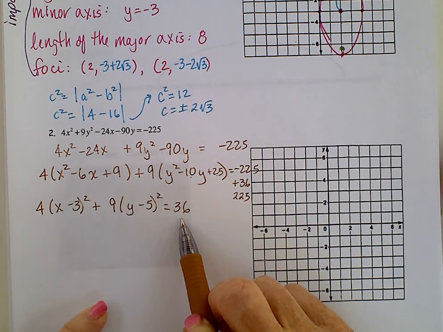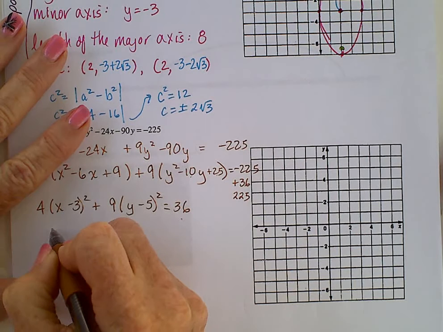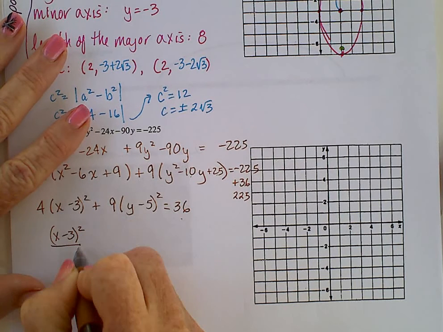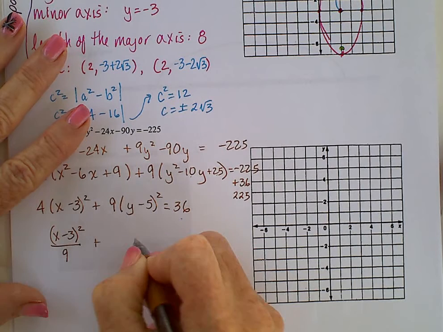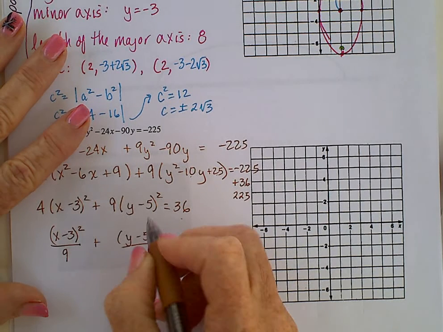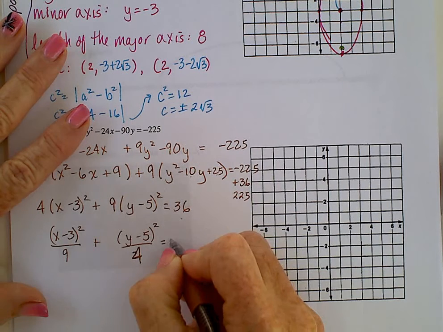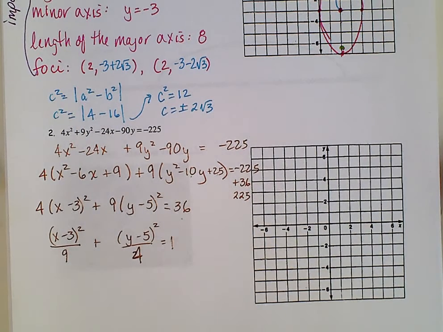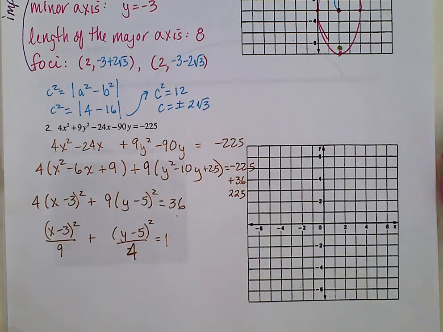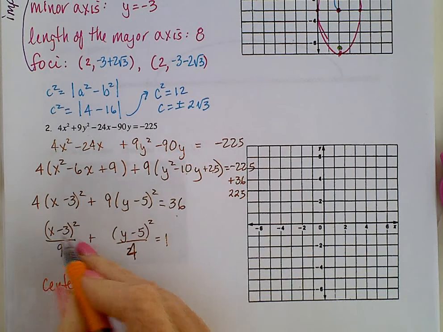So we'll have to divide everything by 36, which will leave us with x minus 3 quantity squared over 9 plus y minus 5 quantity squared over 4 equals 1. Now we have our nice standard form for an ellipse, and we know the center is 3, 5.